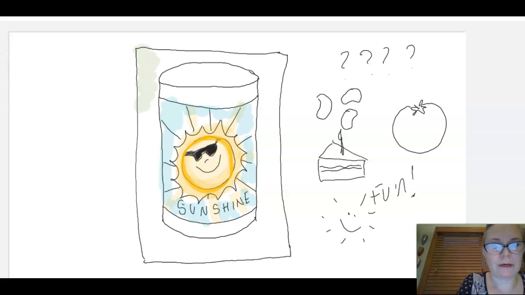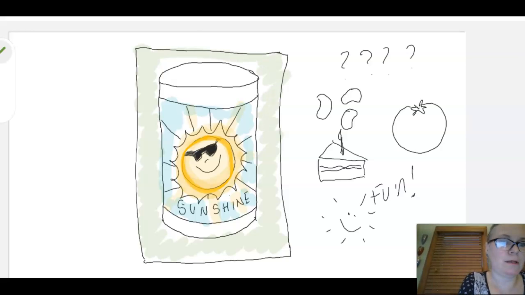And you can even color in and decorate the area around the can. So maybe your can is sitting on a table.